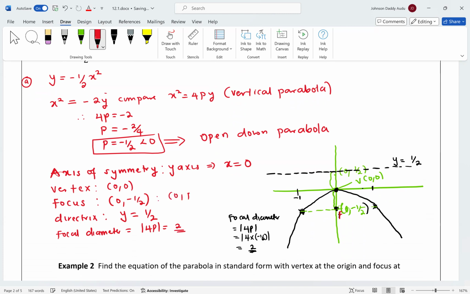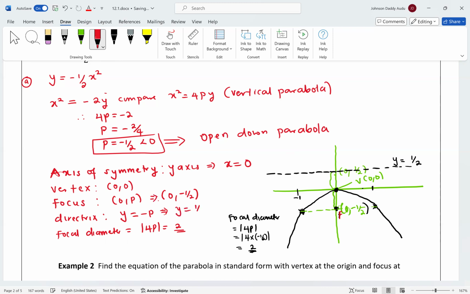The focus formula is (0, p), which is (0, minus half). But you can do it without memorizing the formula once you understand how the graph works. And the directrix is minus p, which is simply what?